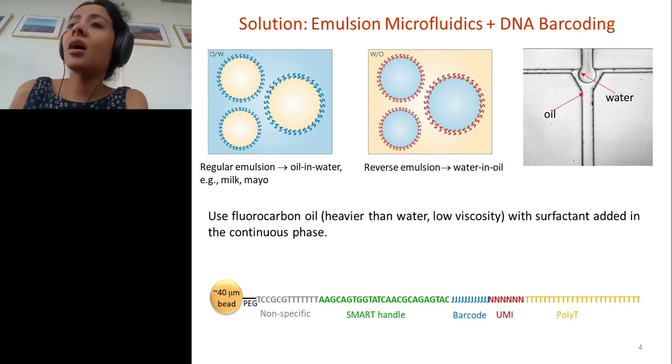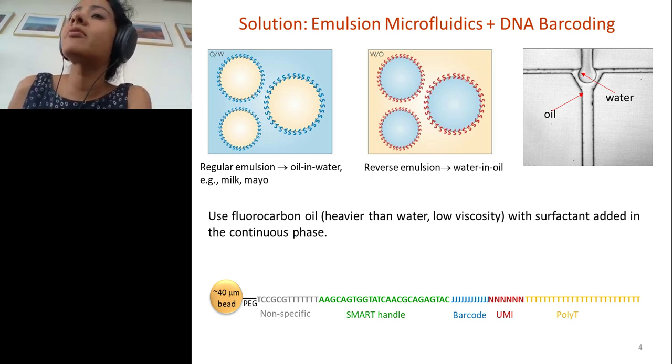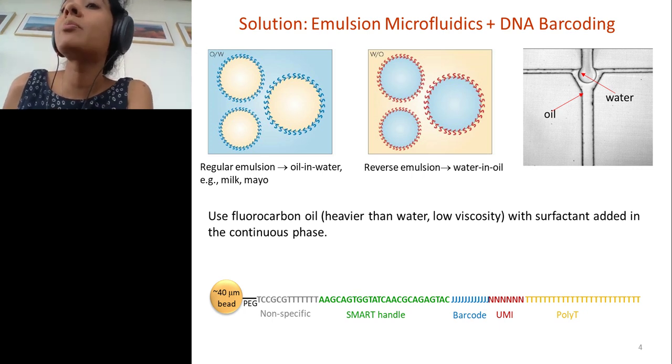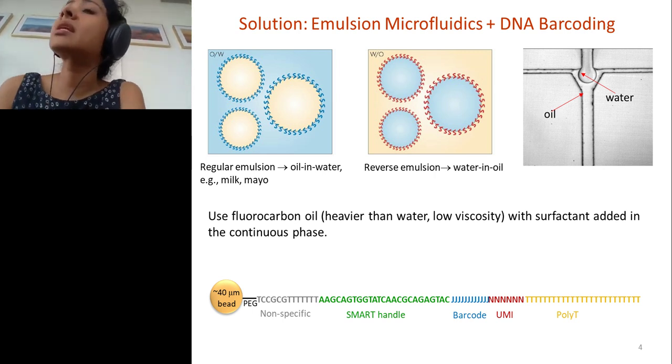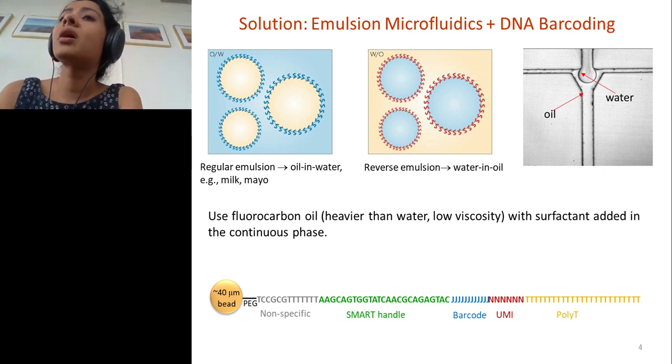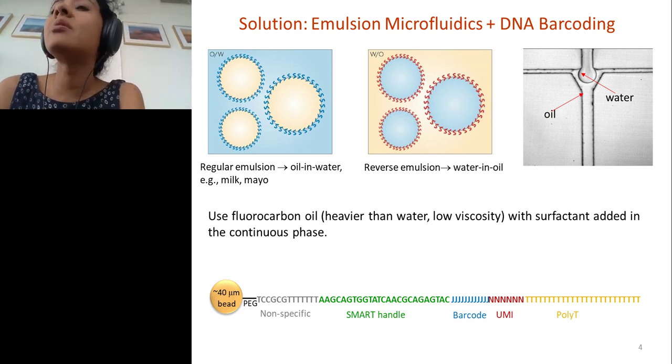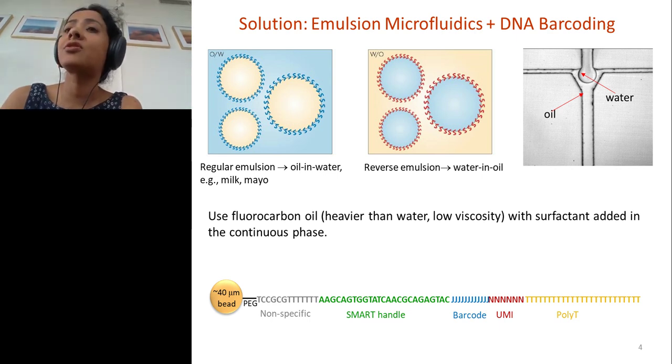And for that, the technique that got very popular was emulsion microfluidics. These are little droplets of water in oil, where these water droplets serve as reaction compartments. You can imagine each water droplet as an individual test tube.